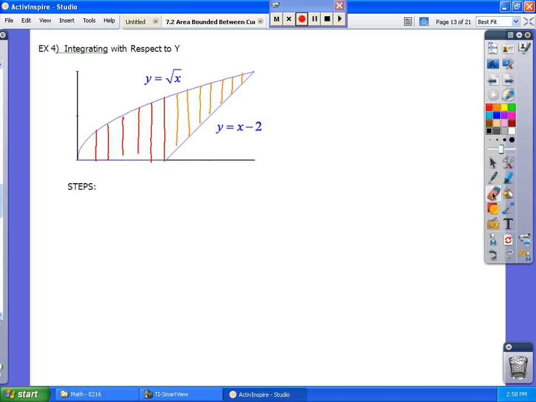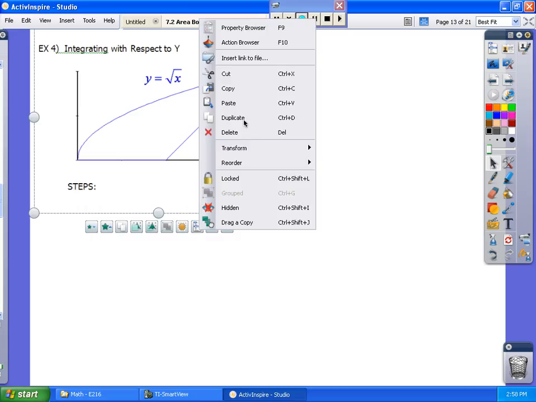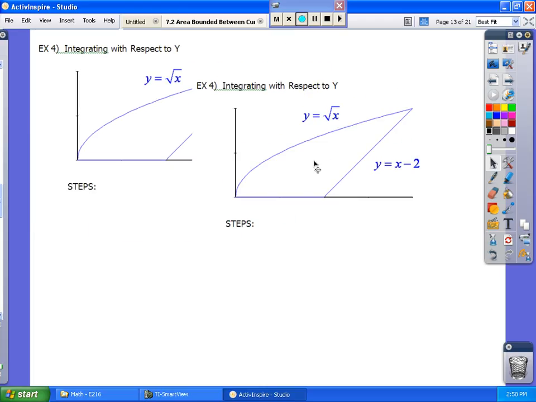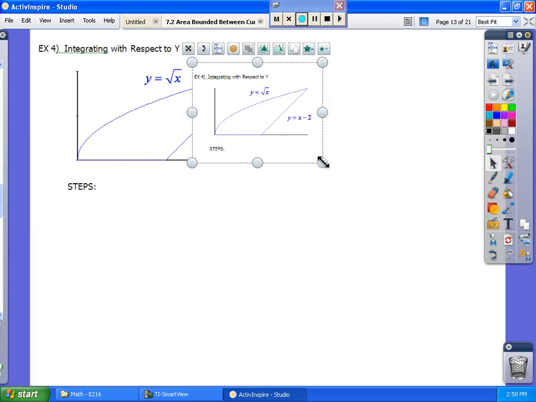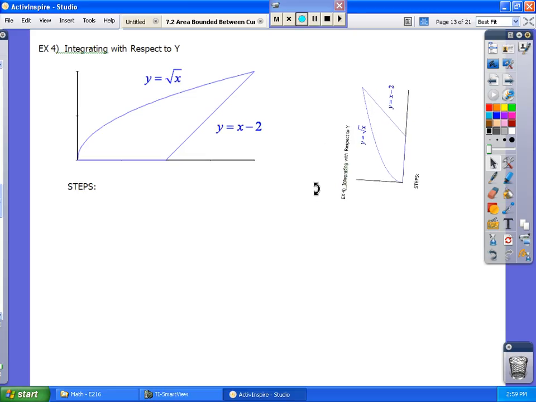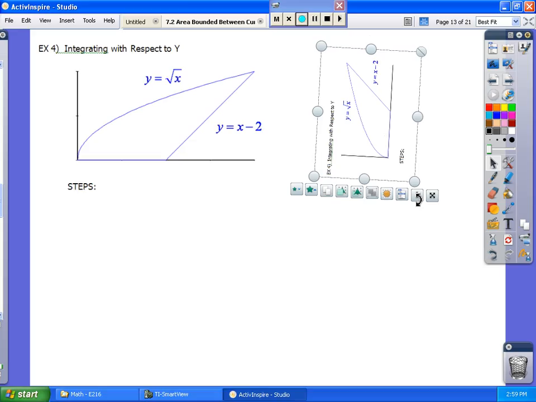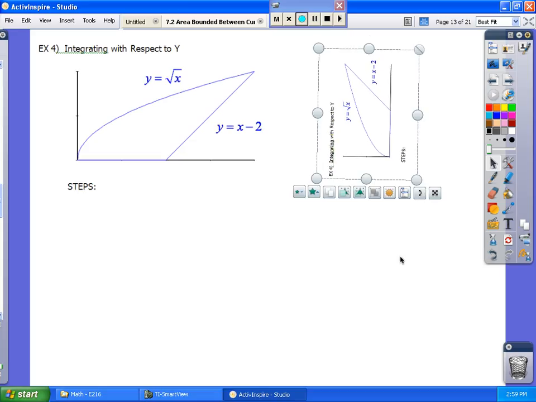So first thing I'm going to do is actually steal this picture and turn it on its side. Essentially what you're doing when you decide to do a dy problem, you're kind of supposed to turn your head so that you're looking at the function on its side.